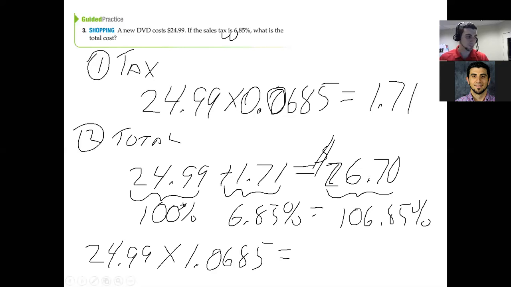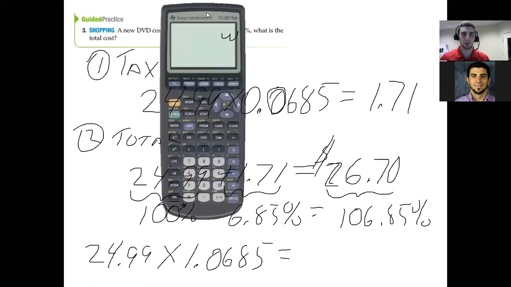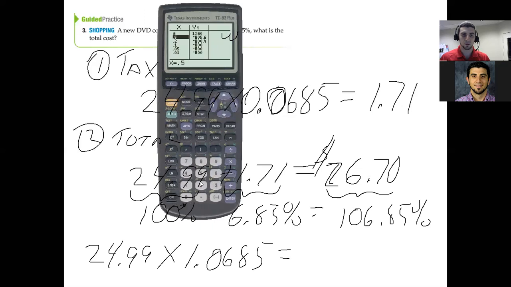Now let me show you something. I'm going to bring up my calculator. Take a second to come up. There it is. If I do 24.99 times 1.0685, in one step you get the answer with the tax.